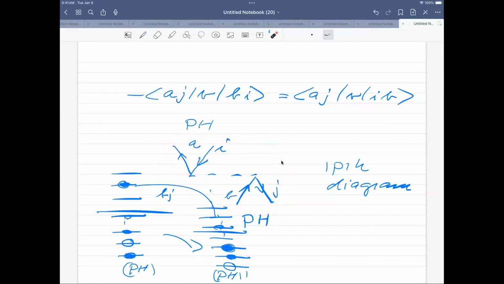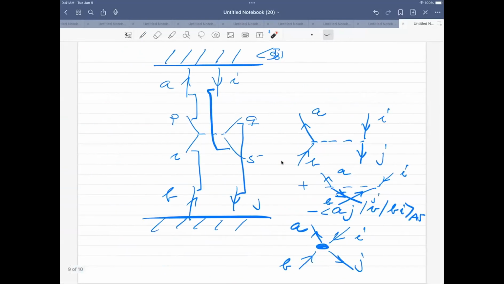The only thing we did here was to interchange the particle and the hole states, and that moves us from a minus sign to a plus sign here. But diagrammatically, if you look at this diagram here now, that has a hole line which goes through the whole diagram. And that gives rise to a minus factor.